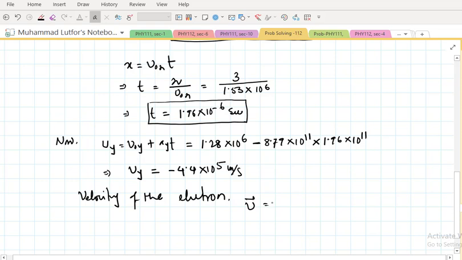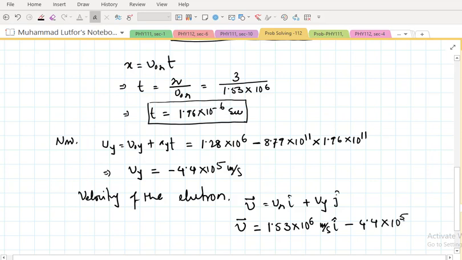That would be V equals Vx i hat plus Vy j hat, where Vx is 1.53 into 10 to the power 6 meter per second i hat, minus, since Vy is negative as we found, 4.4 into 10 to the power 5 meter per second j hat.